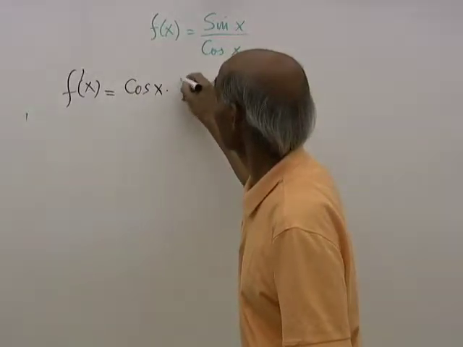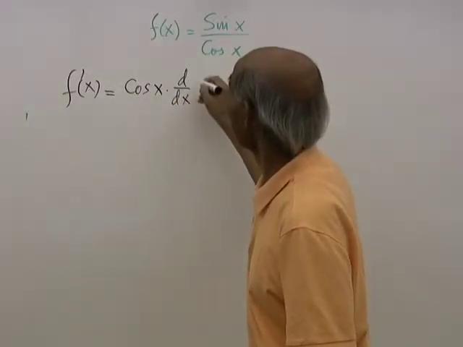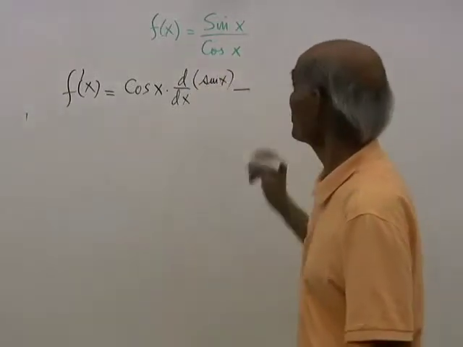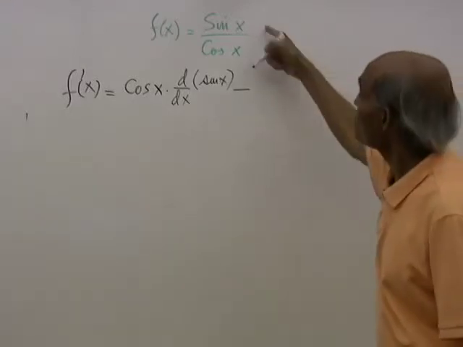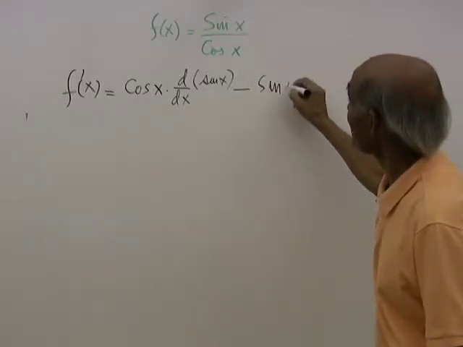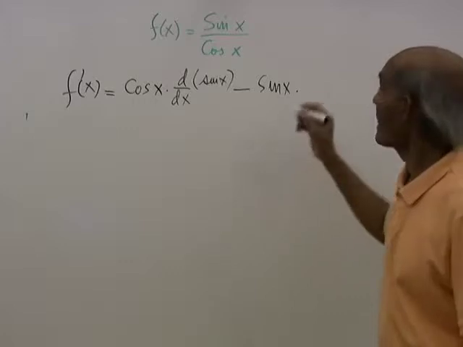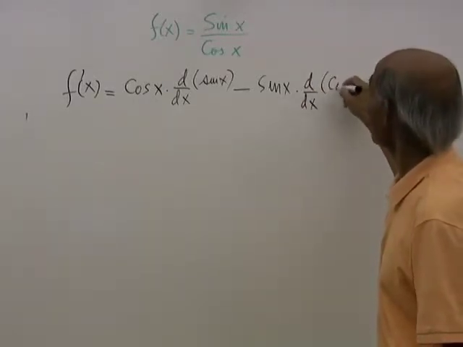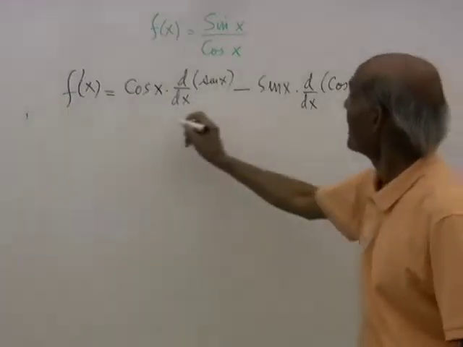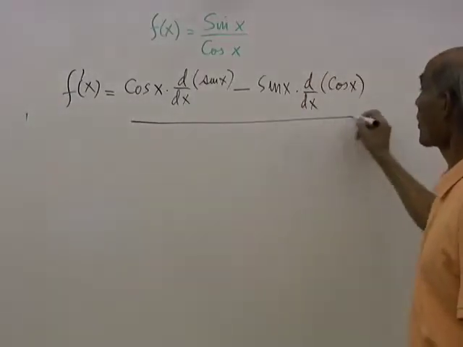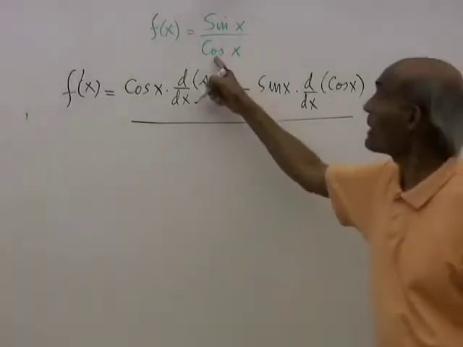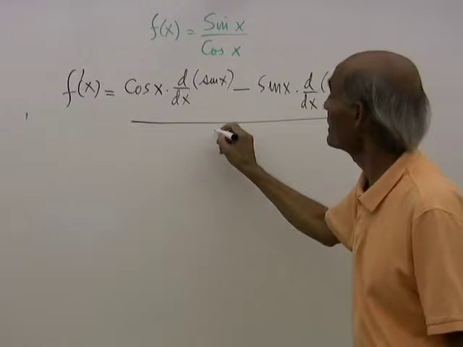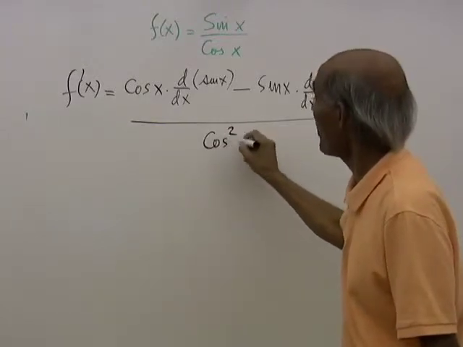Denominator is cos x times d by dx of sine x minus numerator times, numerator is sine x, times the derivative of the denominator, and all over the square of the denominator. Cos x times cos x is cos squared x.